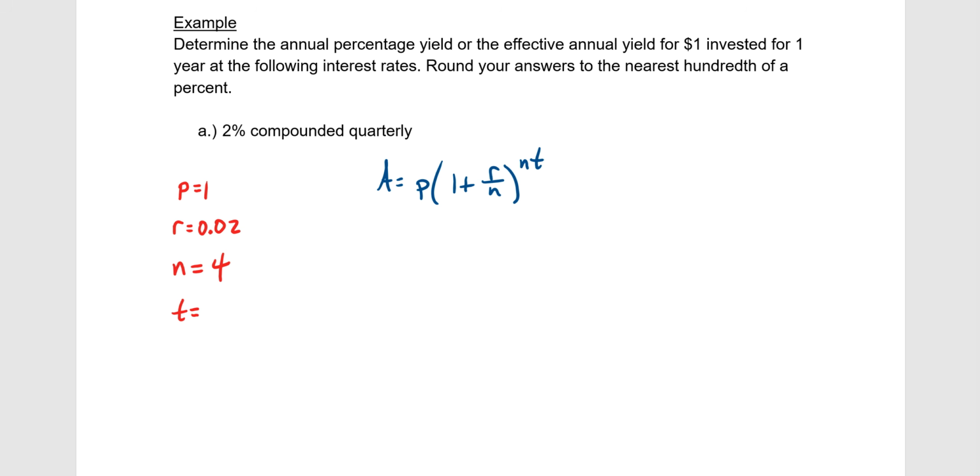And T is going to be 1, which once again it mentions right here, 1 year and $1. Okay, so let's go ahead and plug all these in. We get A equals 1 times 1 plus 0.02 divided by 4, raised to the 4 times 1.